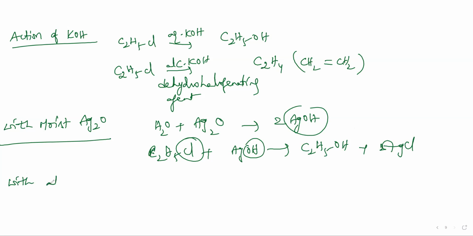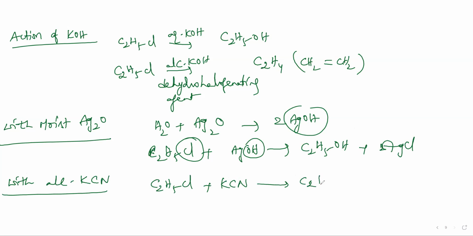Next, with alcoholic KCN. Being ionic in nature, KCN gives CN minus.